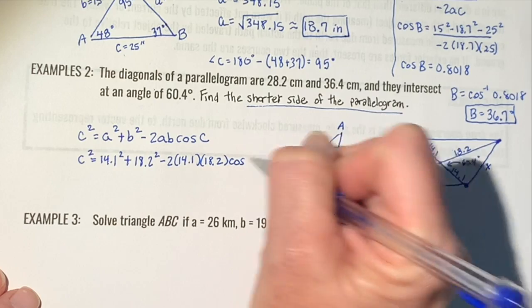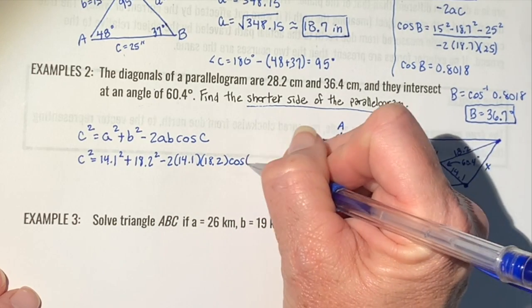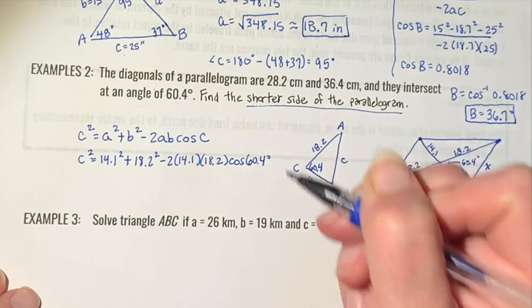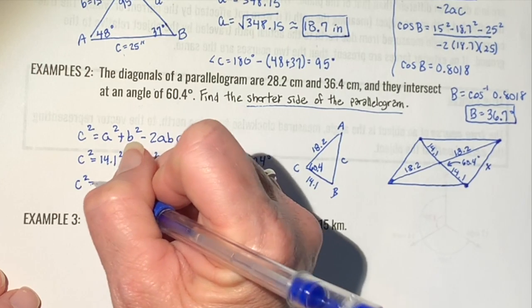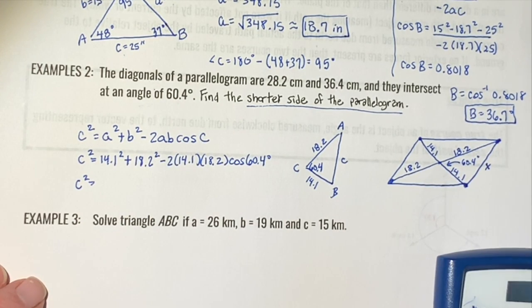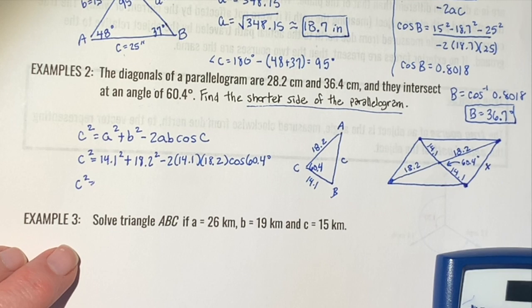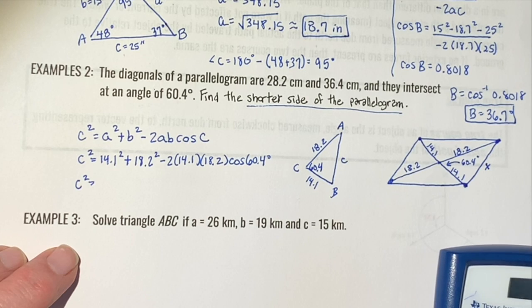And angle C is 60.4 degrees. And so I'm going to go to my calculator and I'm just going to type all that in. 14.1 squared plus 18.2 squared minus 2 times 14.1 times 18.2 times the cosine of 60.4 degrees.